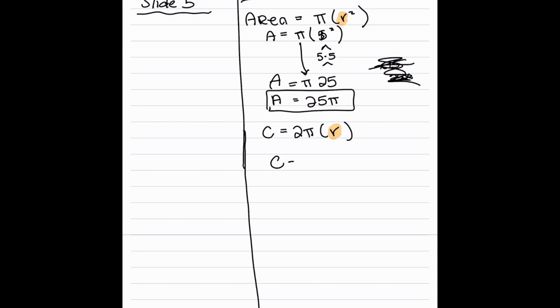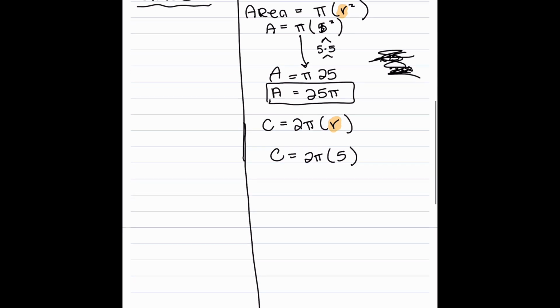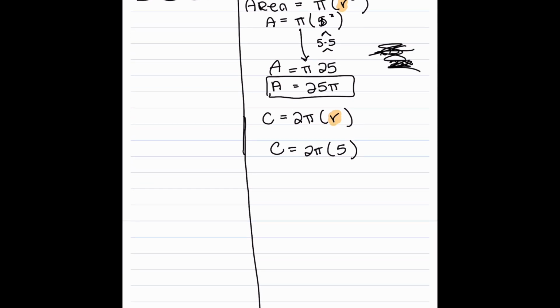So then I have c equals 2 pi times 5. Then from here, you multiply the two numbers together, 2 times 5. 2 times 5 is 10, bring down the pi, and that's your circumference. You stop. So you can stop once you get to like one number pi.